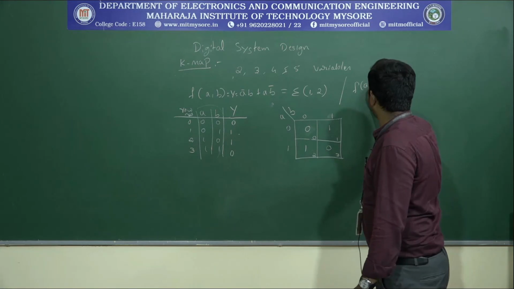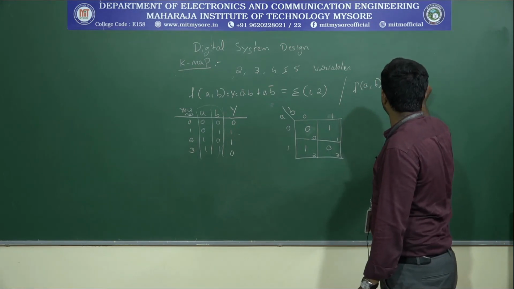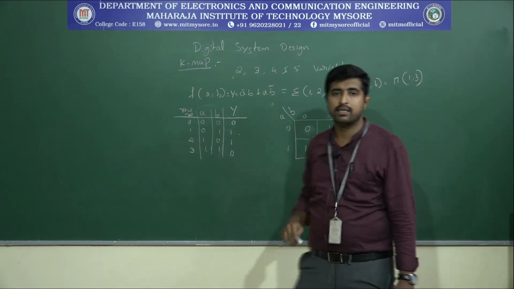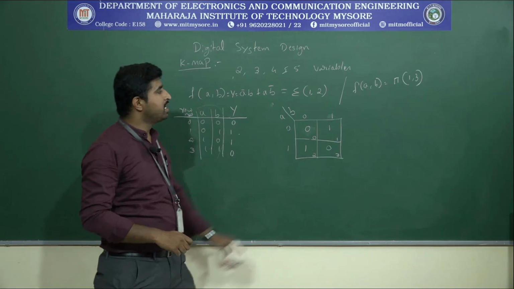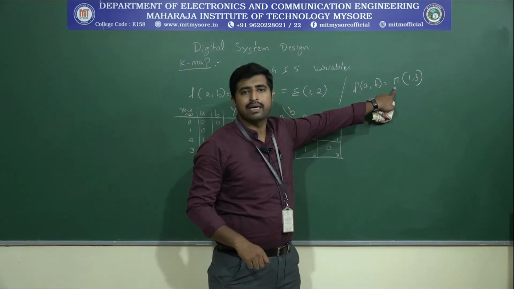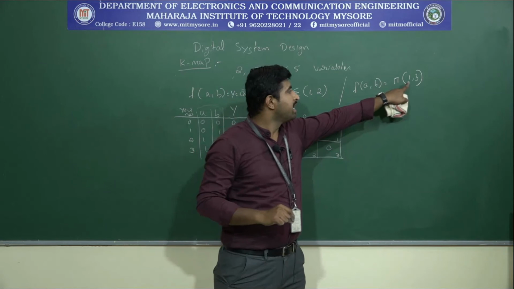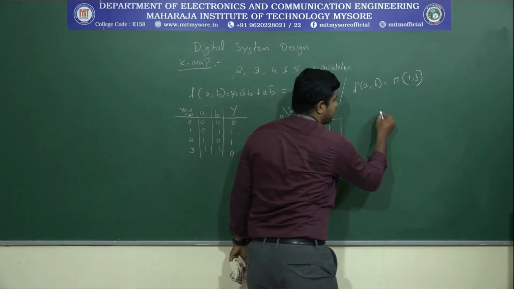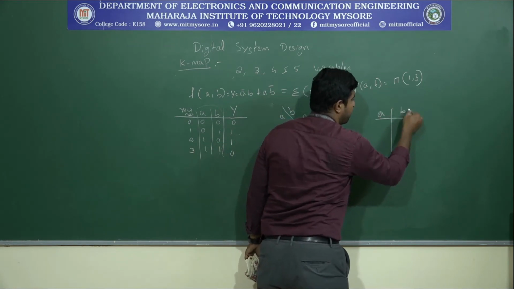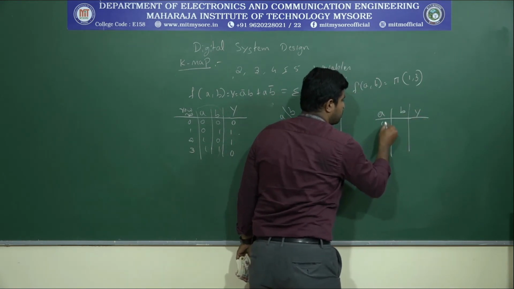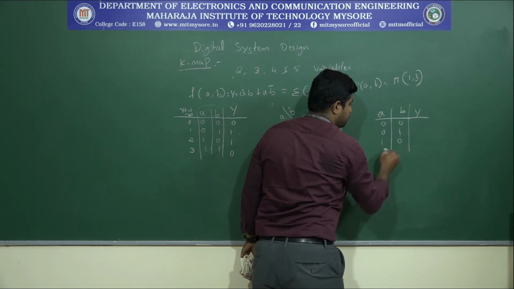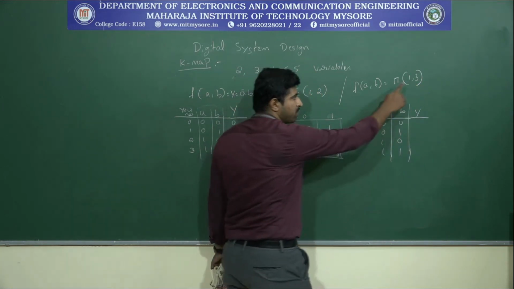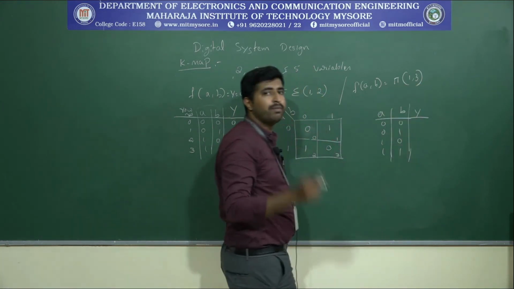If f of a comma b equals pi of 1 3. Pi means we know that these are max terms, so wherever pi is there, that corresponds to 0. That means in rows 1 and 3, 0 will be there. If you write a truth table with A B and Y, 0 0, 0 1, 1 0, 1 1, for the row numbers corresponding to 1 and 3, the output generated will be 0.